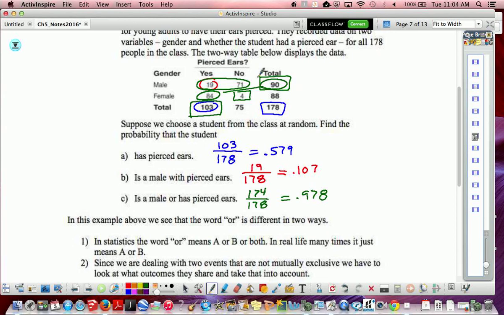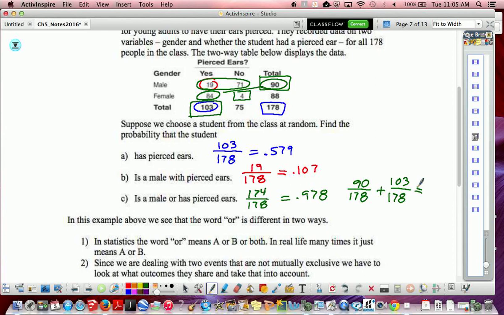So why didn't I just add those two numbers together? So we could think about it like this. Why didn't we go, all right, I have 90 males, which would be 90 over 178. And then I had 103 people with pierced ears. Why didn't I just add those two probabilities together?